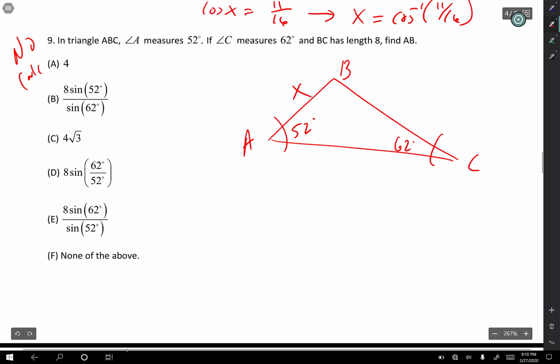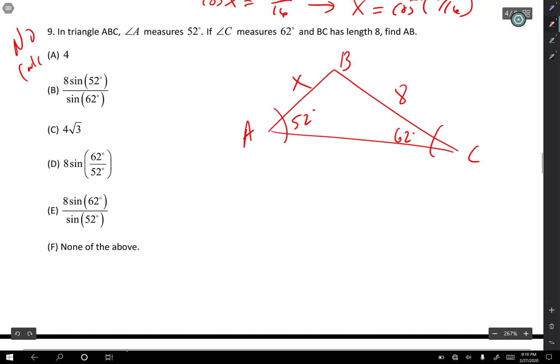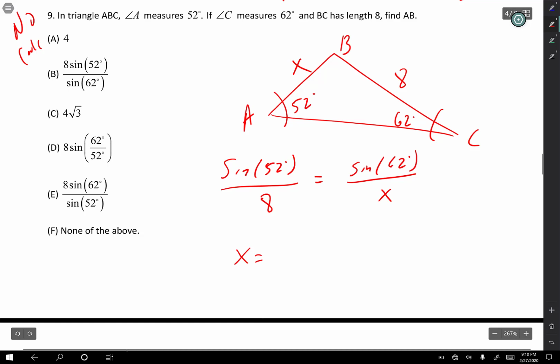The length of BC is 8. Law of sines: sine 52 degrees over 8 equals sine 62 degrees over X. Cross multiply: X equals 8 sine 62 degrees over sine 52. And that's it.